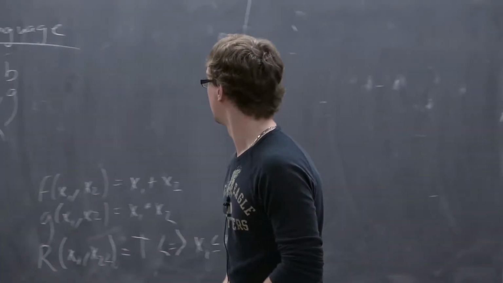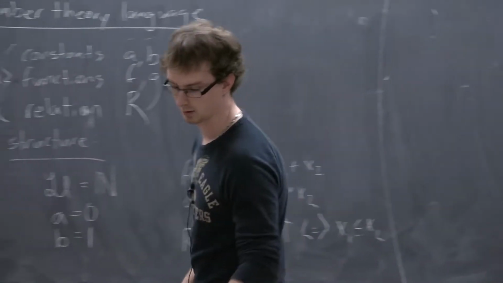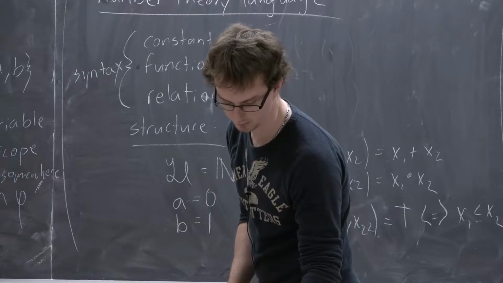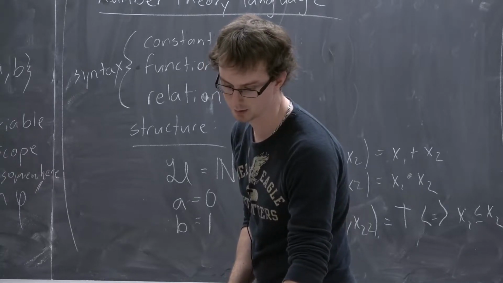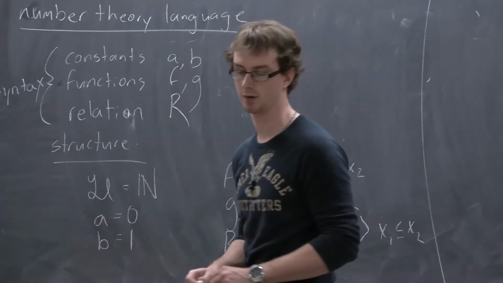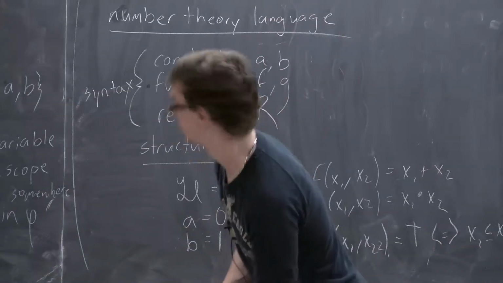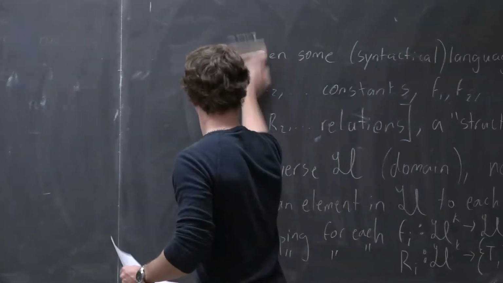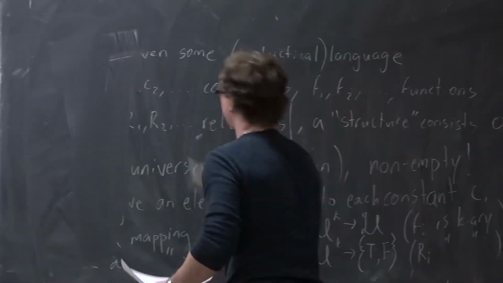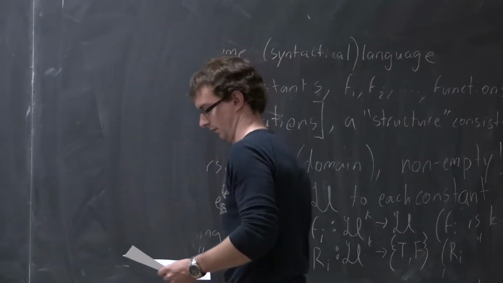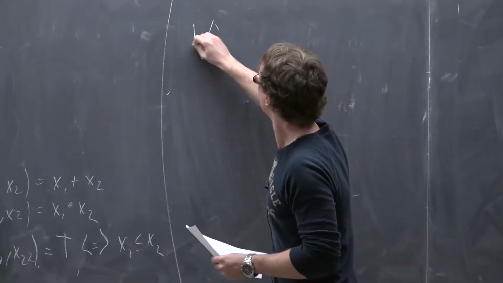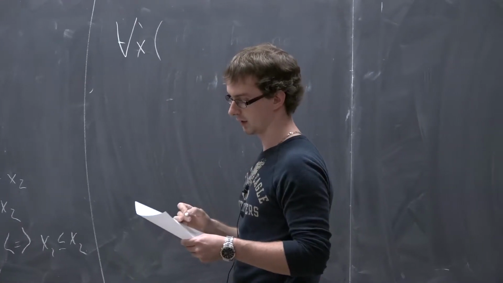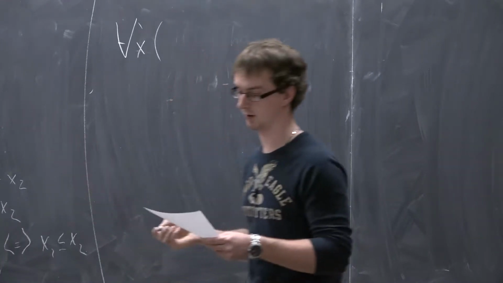So it should be pretty clear from here how to go, at least when we don't have any free variables. If we look at some example sentences, so sentences are formulas that don't have free variables, we'll consider the following formula, and this is going to be in the language of number theory.